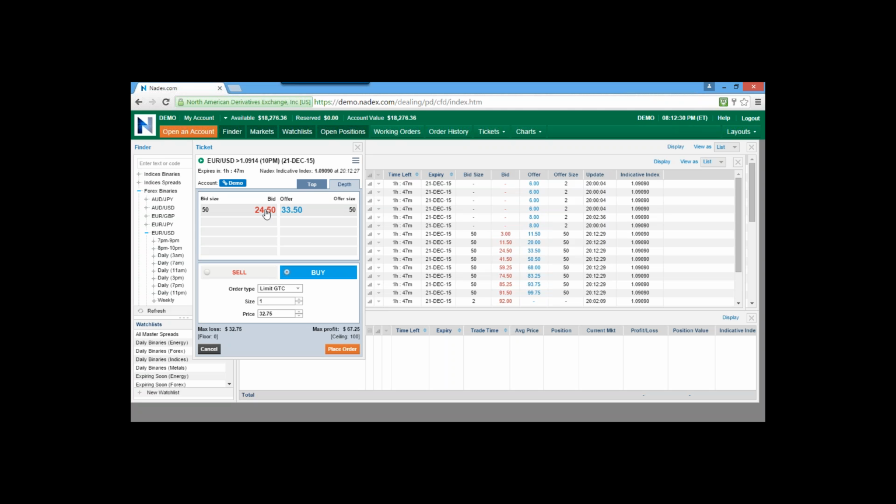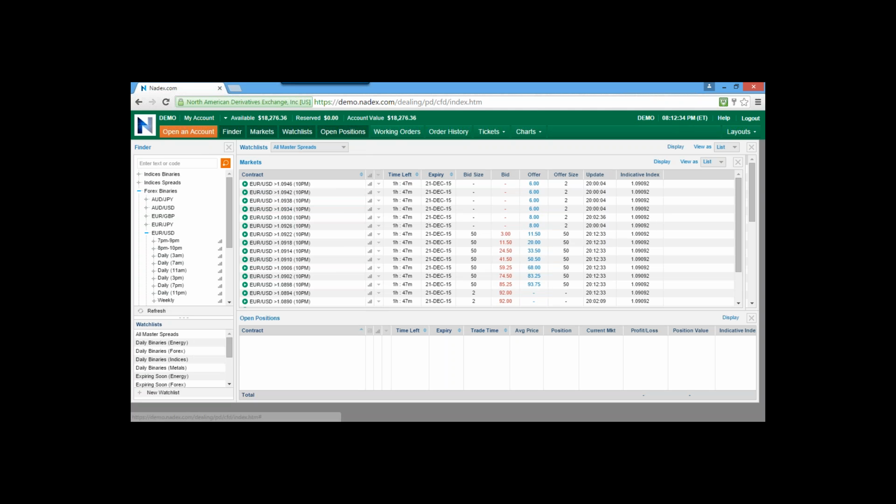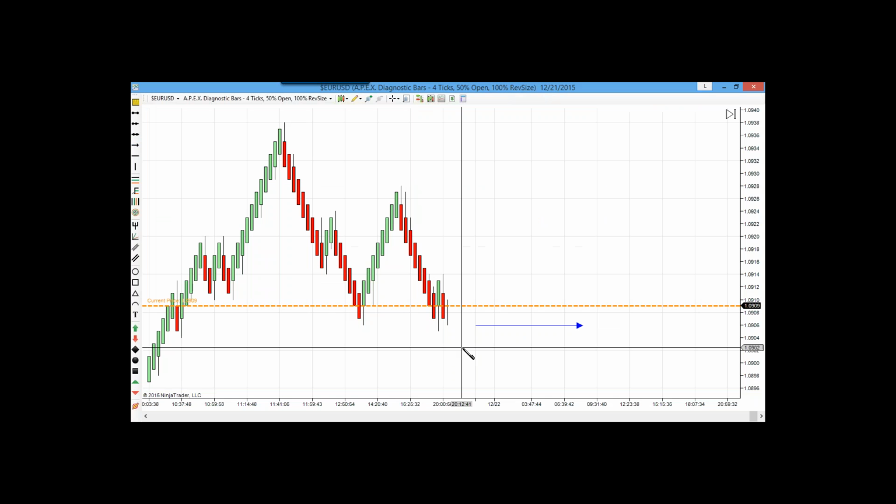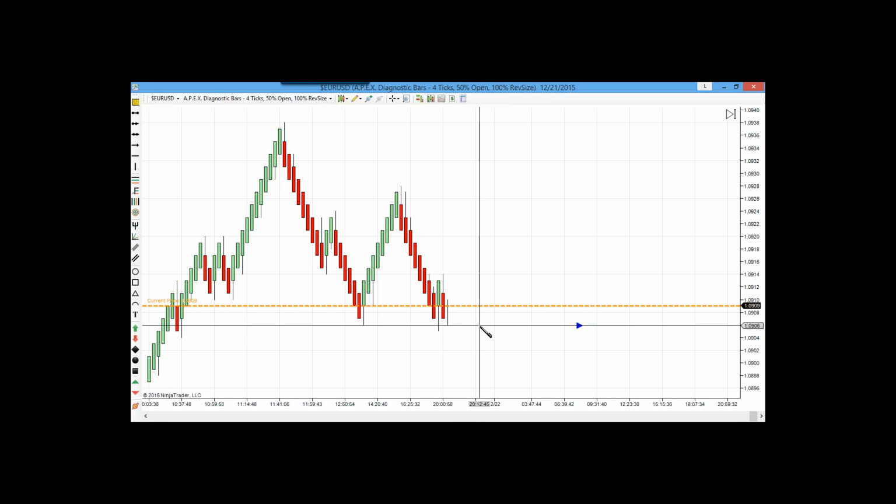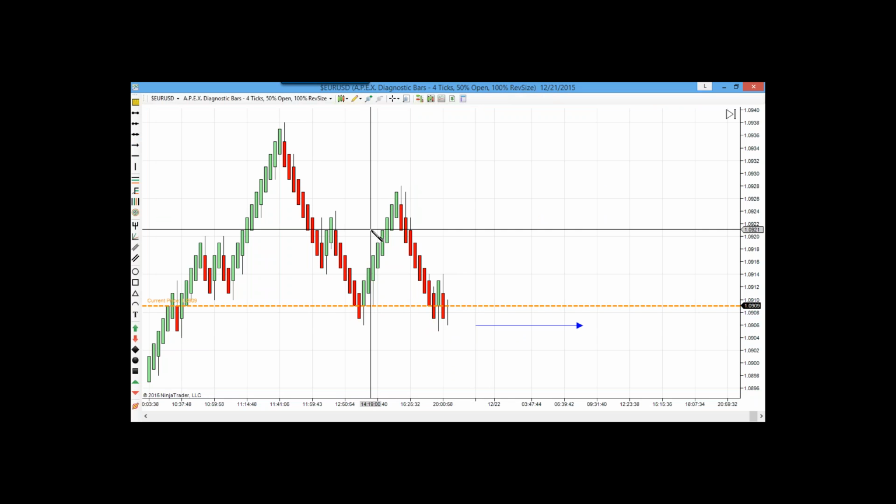But I only have about a 30% probability. I really like the 70% probability, right? We like that higher probability, don't we? For this one, I like that probability, but I really liked that $30 risk on the other one.